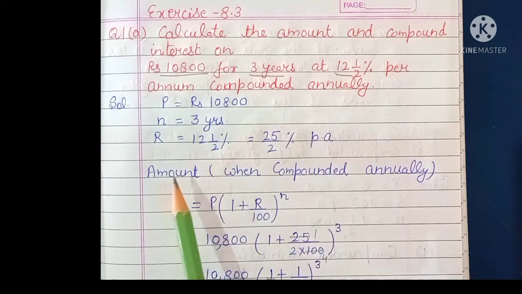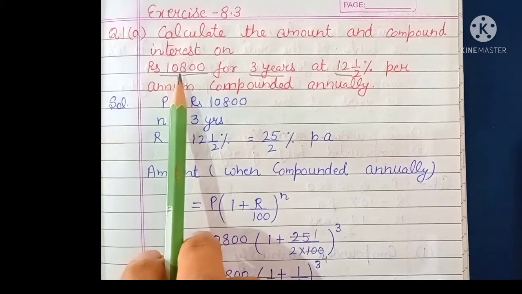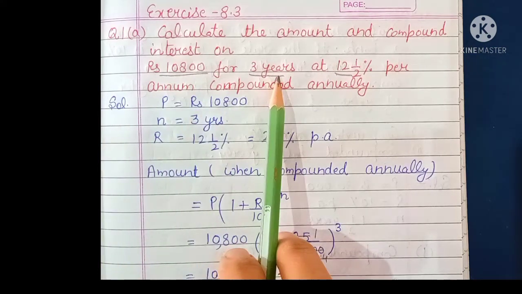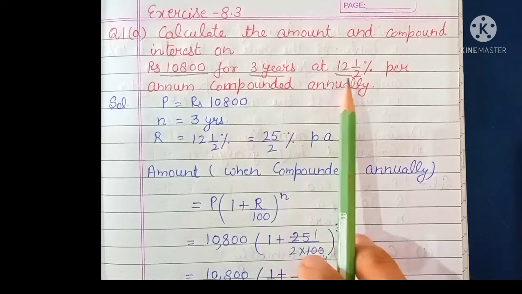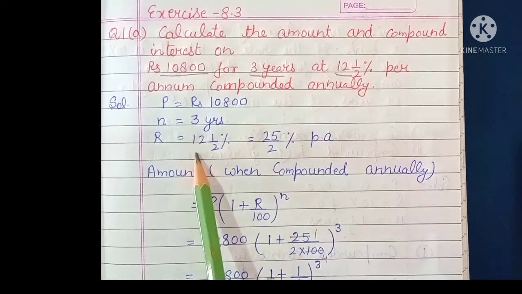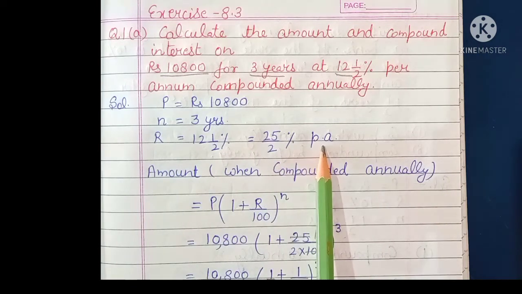And the formula for amount when compounded annually is P (1 plus R upon 100) raised to n. So this is our principal, this is time, that is the value of n, 3 years, and the rate of interest is 12 1/2, that is 25/2% per annum.